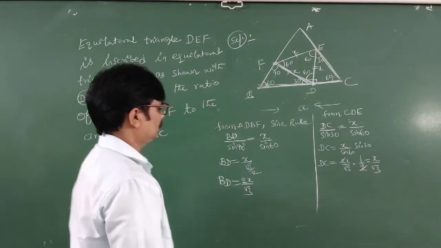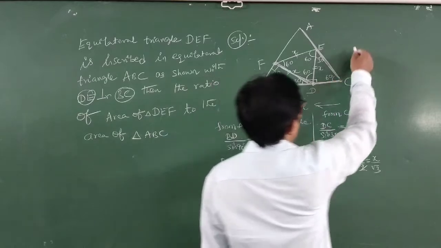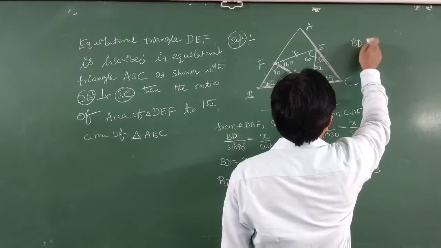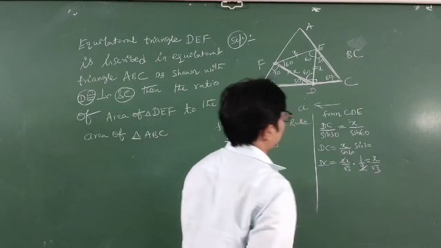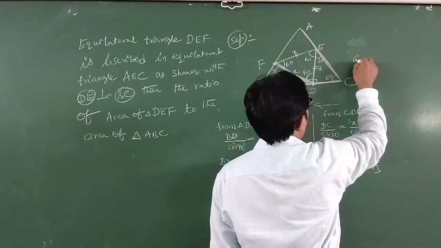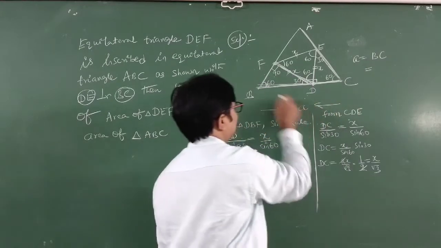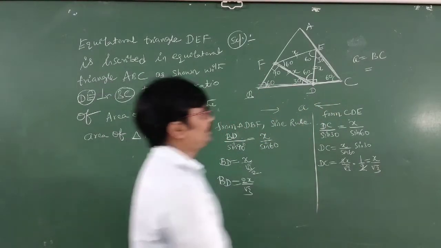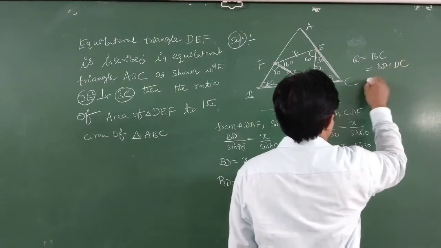Now we have to find the length of the side BC. The BC has length small a, so a equals BC, and BC is BD plus DC.